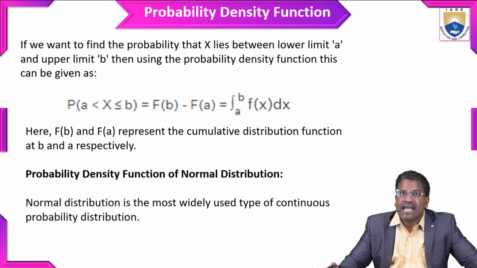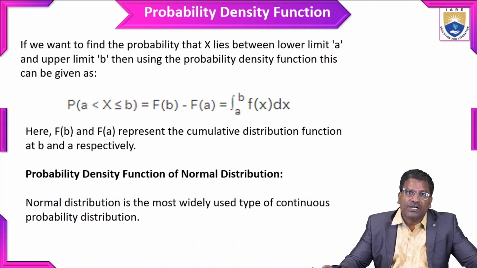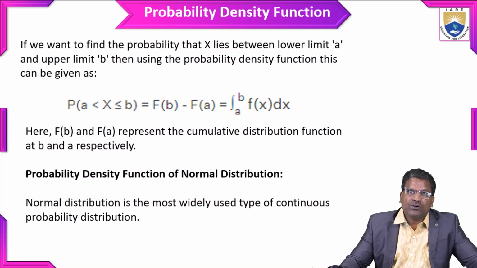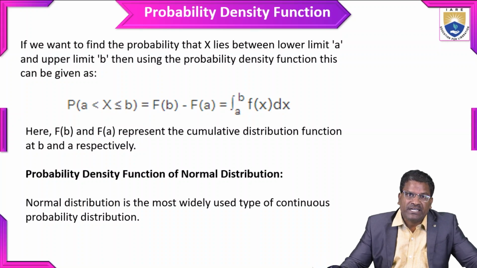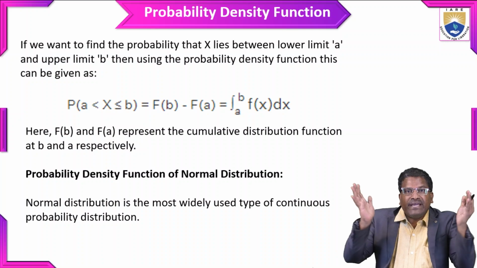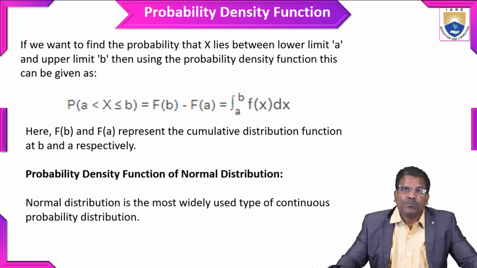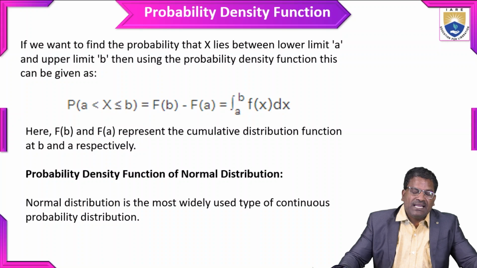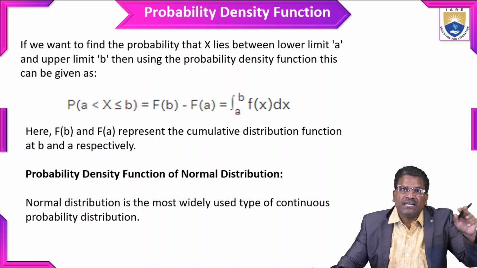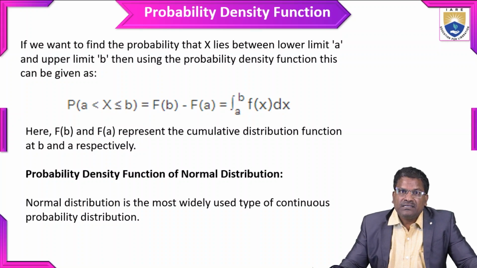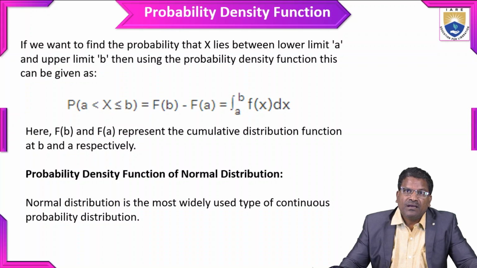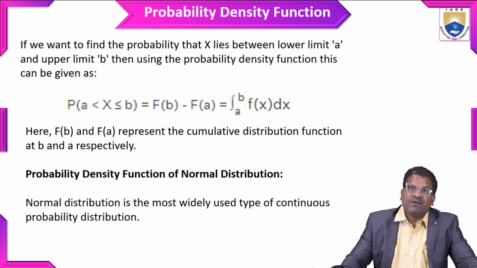That is a less than x less than or equal to b. So definitely this probability gives us some area. It gives the difference of values obtained at capital F of b and capital F of a. So it is nothing but capital F of b minus capital F of a.